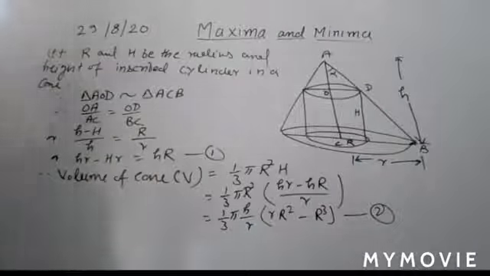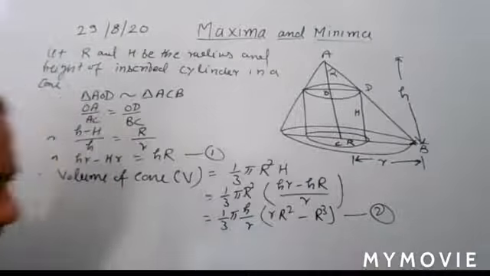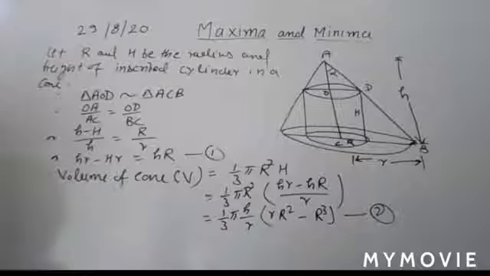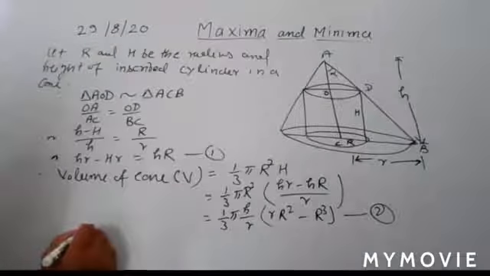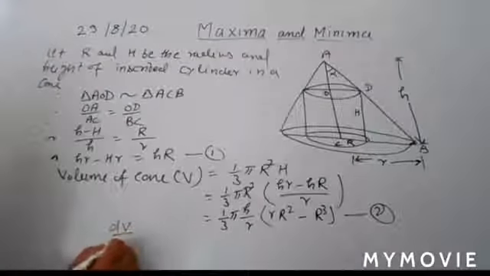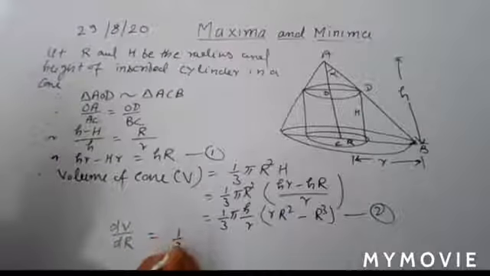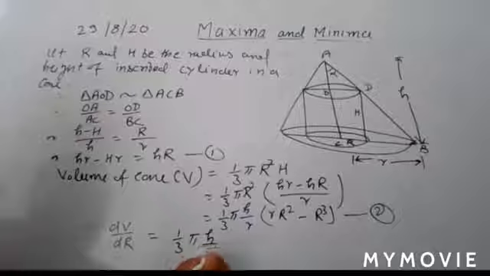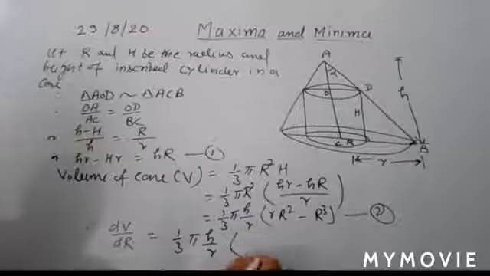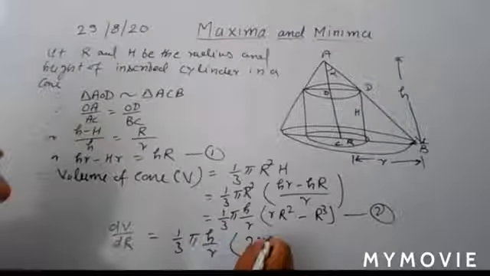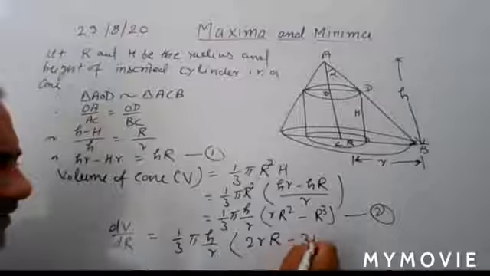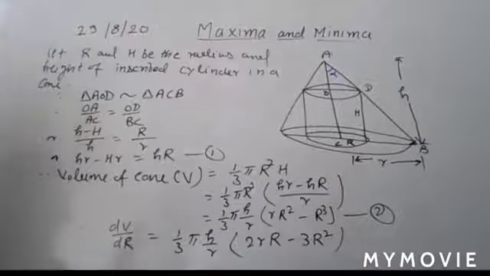Here you find the volume in terms of capital R. Now differentiate it. dV upon d capital R is equal to 1 upon 3 pi h upon r, and differentiating, you have 2r capital R minus 3r square.